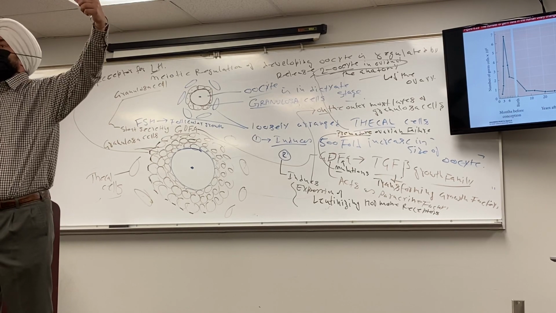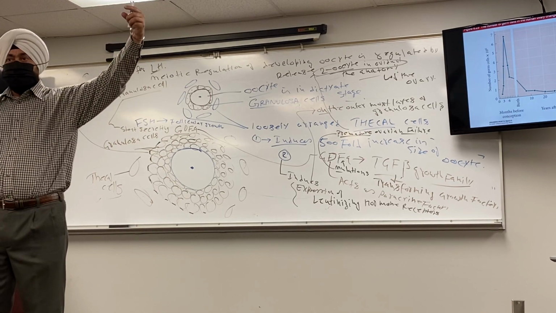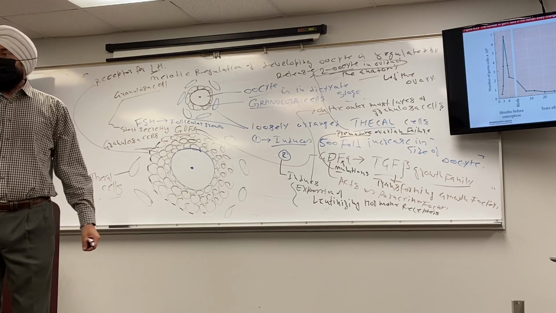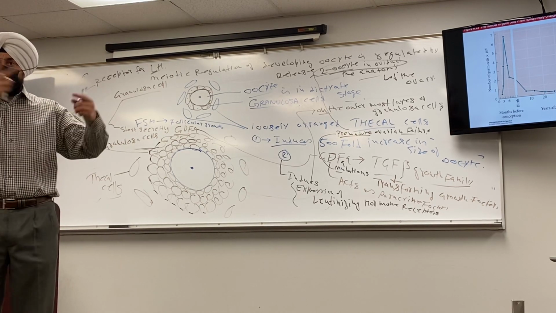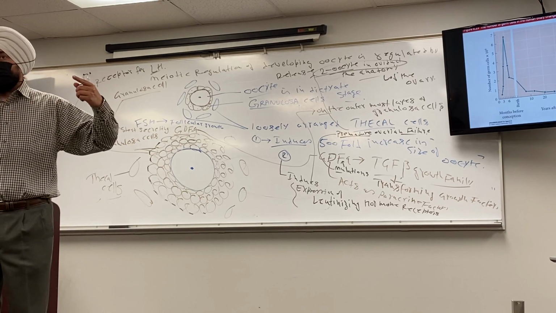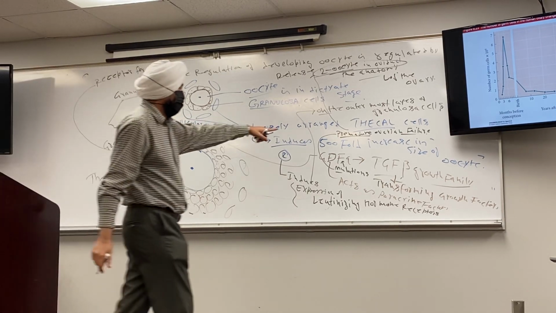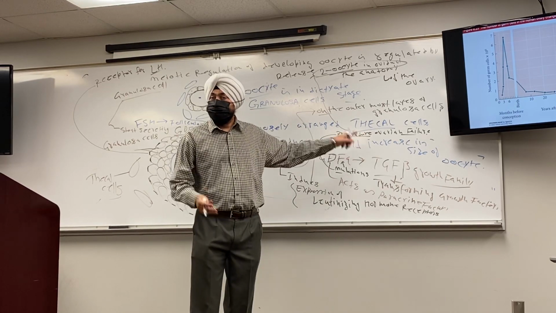That's why you get fraternal twins. Otherwise, there's always one ovum or egg is released. But in this case, you can have two, right? So that is the reason you get the fraternal twins, because there is a problem in the GDF9. So far it's okay.